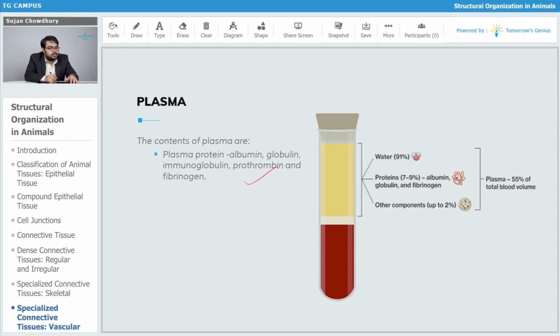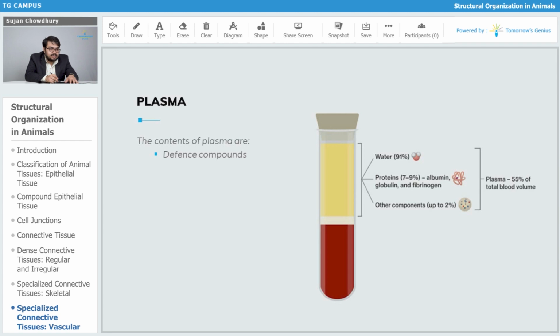The plasma proteins are like the albumins, globulins, the immunoglobulins, which are the antibodies, prothrombins, which are the proteins important for blood clotting, and fibrinogen, that forms fibrin thread-like structures to trap the blood cells and check the loss of blood during any damage that might be present on any blood vessel.